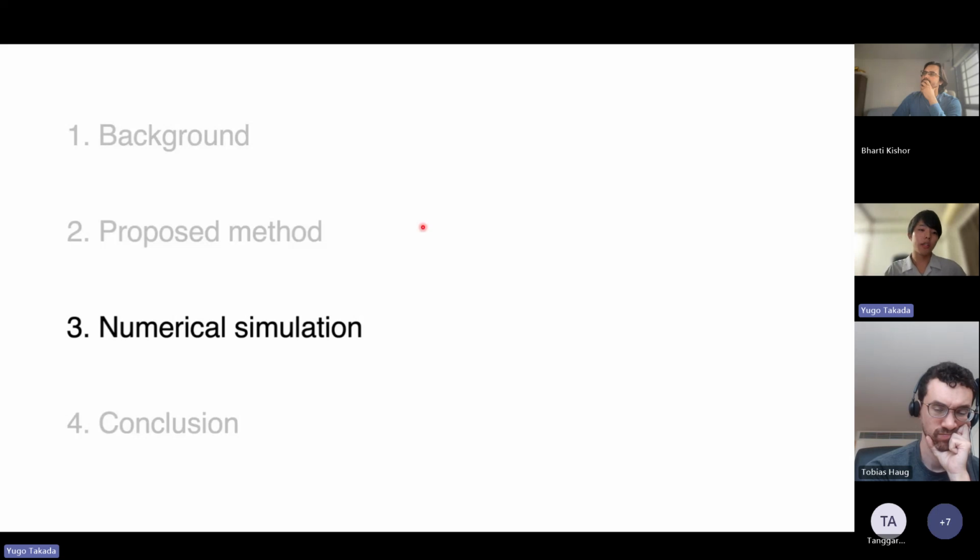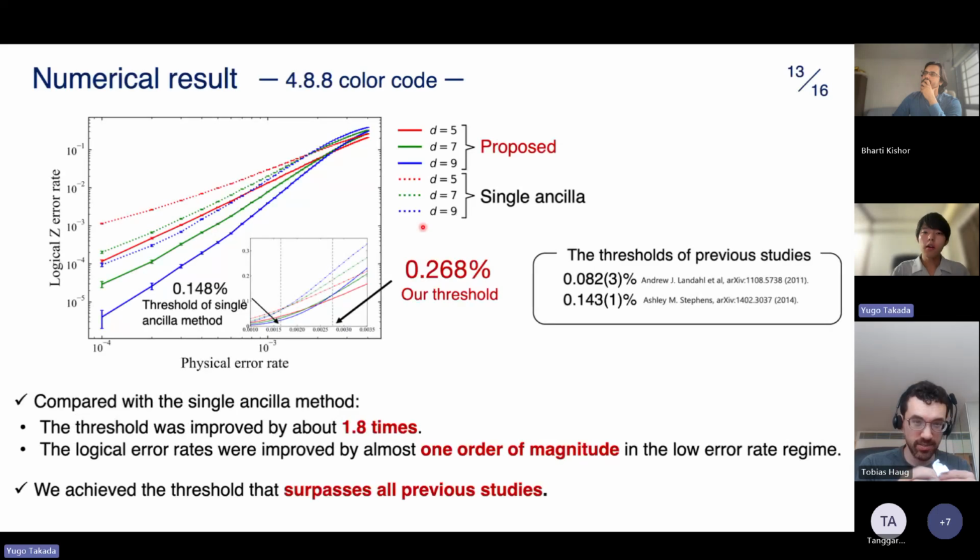Then I will move on to the numerical simulation. This is the result for the square octagonal color codes. The solid line is the result of the proposed method, and the dotted line is the result of the single ancilla method, the conventional way of extracting syndrome.